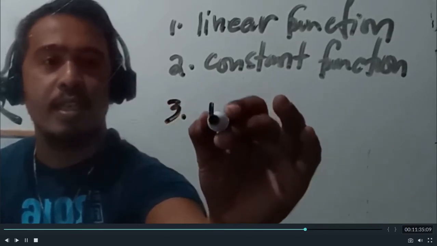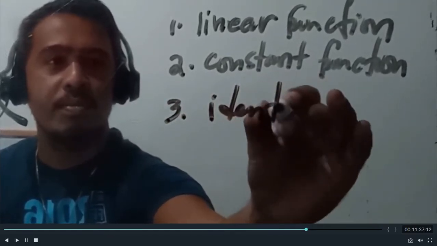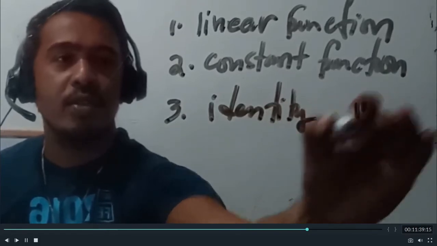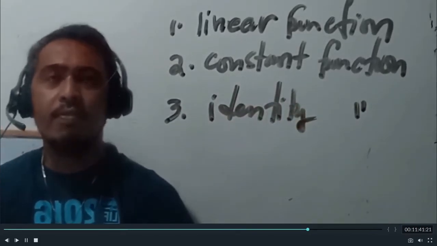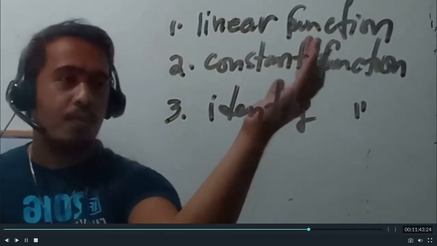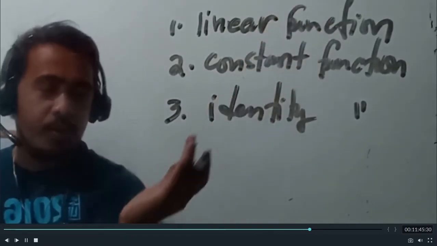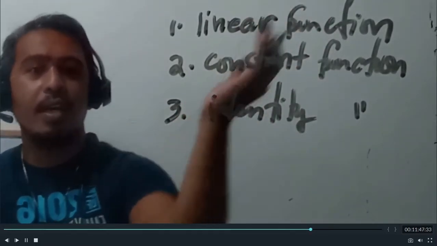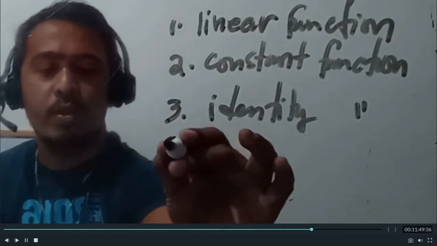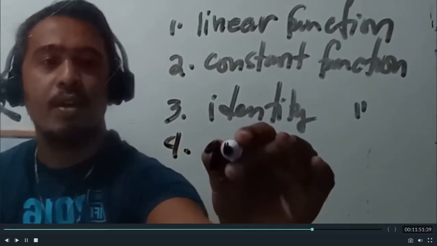The third is the identity function. If you have an identity function, your graph will be the diagonal line.